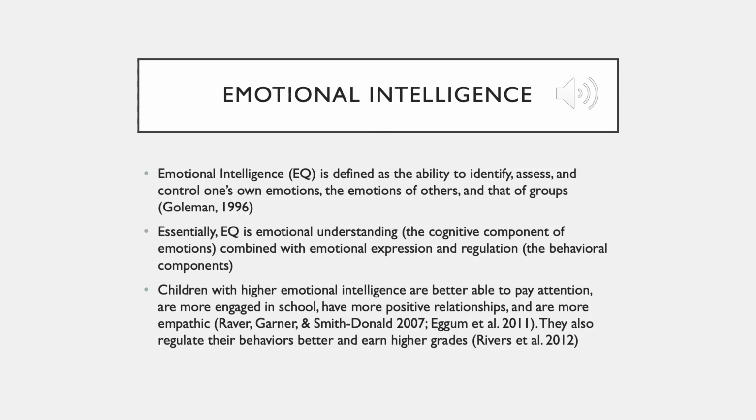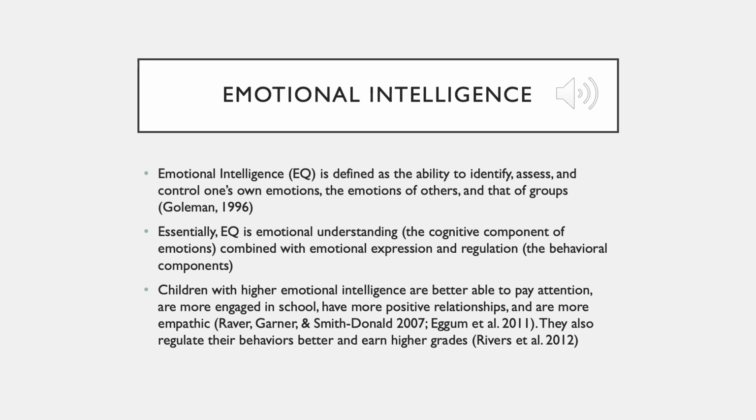Okay, so really quickly, I just wanted to share a little bit of information about emotional intelligence. So as you can see here, emotional intelligence is defined by one's ability to identify, assess, and control our emotions and the emotions of others, as well as that of groups. So really going back to those key milestones that we were discussing of emotional understanding, expression, and regulation.